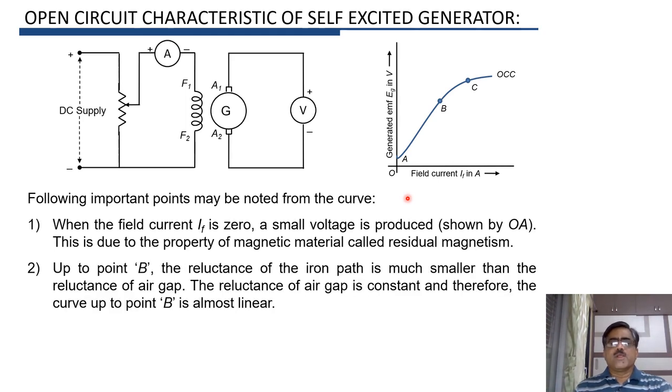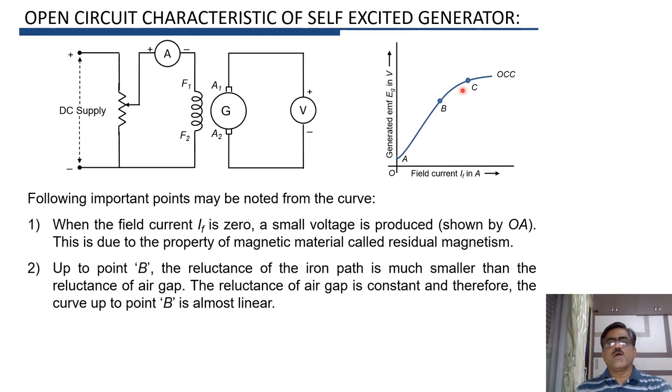Now, during this portion AB, the reluctance of the iron path is very small, and therefore as the reluctance of air is constant, the relationship is linear. That means with increase in IF, there is increase in flux, and therefore there is increase in the generated EMF EG.